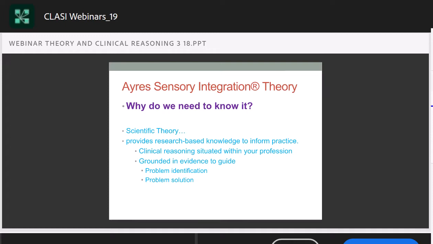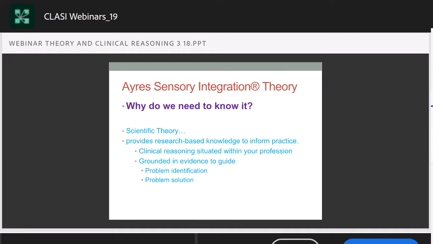That's language coming out of the clinical reasoning literature. But we need to know where we have evidence and where we don't, and who we can help and who we cannot help.